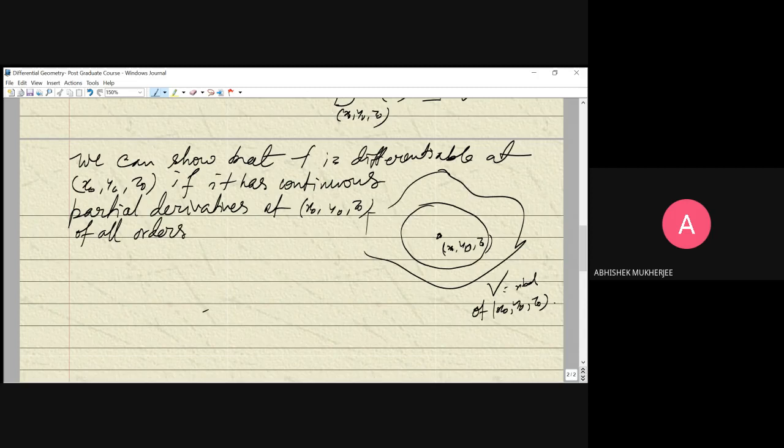F is differentiable at x naught, y naught, z naught if it has continuous partial derivatives at x naught, y naught, z naught of all orders, and vice versa.